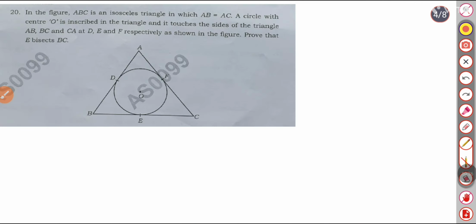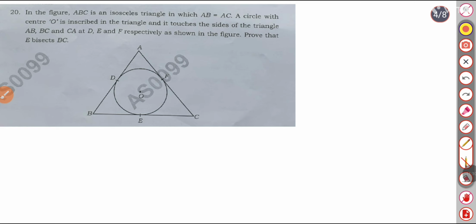In the figure, ABC is an isosceles triangle in which AB is equals to AC. A circle with center O is inscribed in the triangle and it touches the sides of the triangle AB, BC and CA at D, E and F respectively as shown in the figure. Prove that E bisects BC.